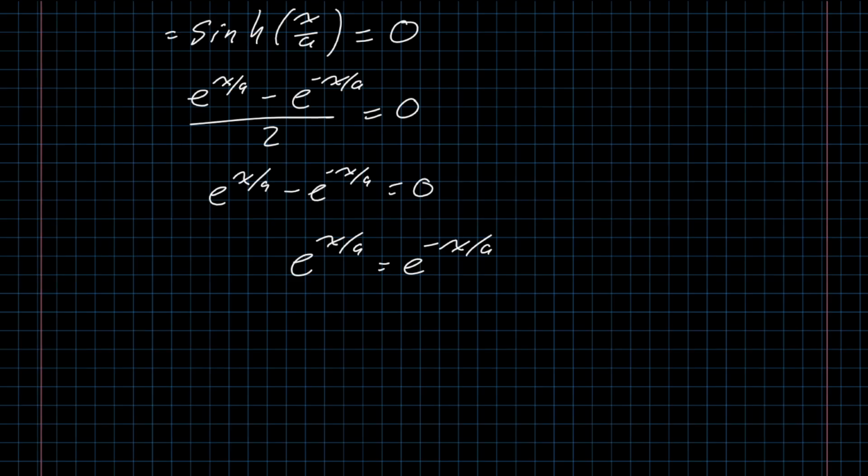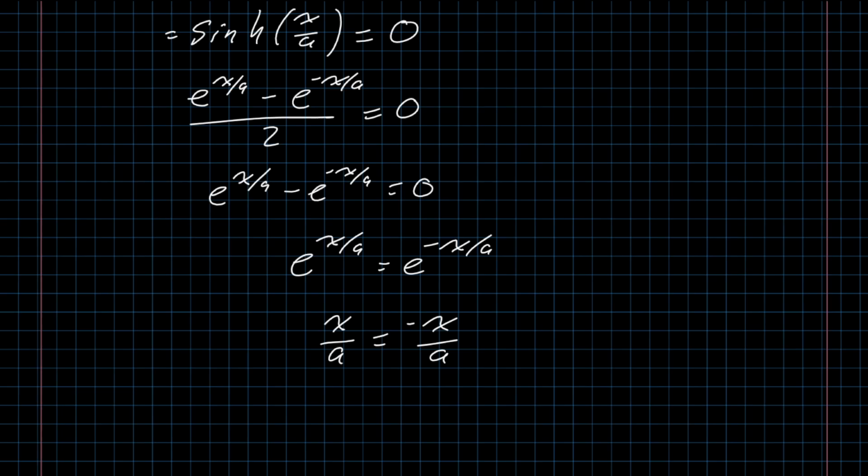The exponential function is a monotone function. It's 1 to 1, always increasing or always decreasing depending on whether the argument is positive or negative. But importantly here, it has an inverse that's valid everywhere. So if e to the x over a is equal to e to the minus x over a, that can only be true if the exponents themselves, x over a, is equal to minus x over a.